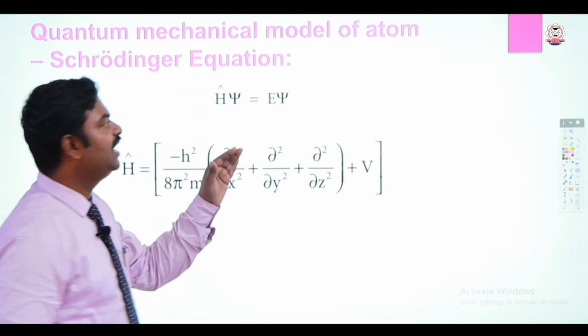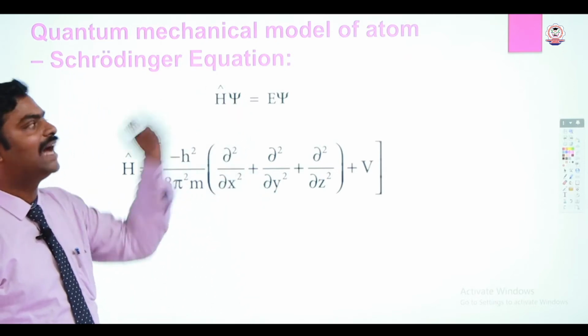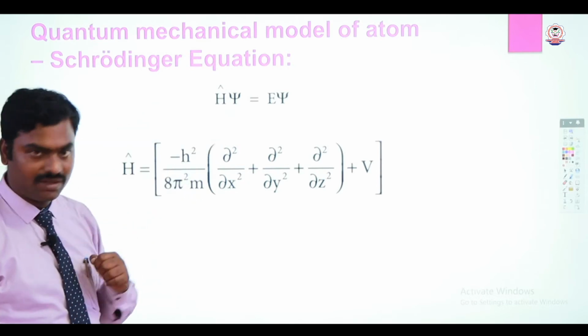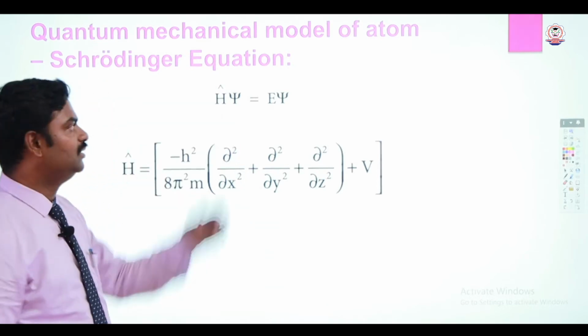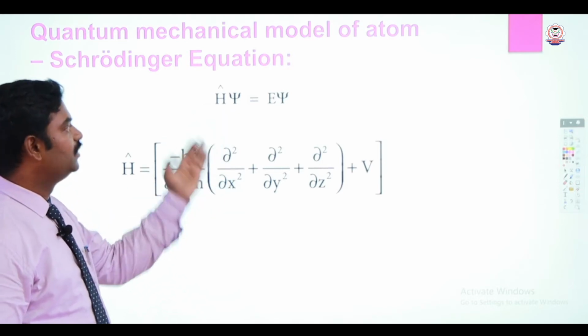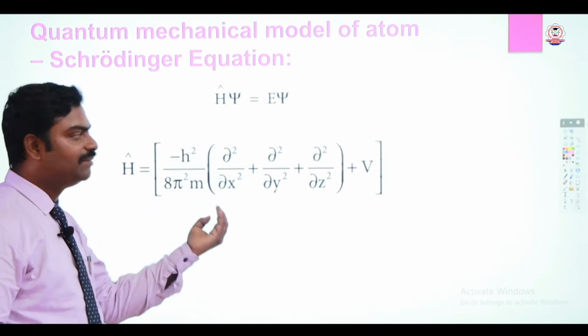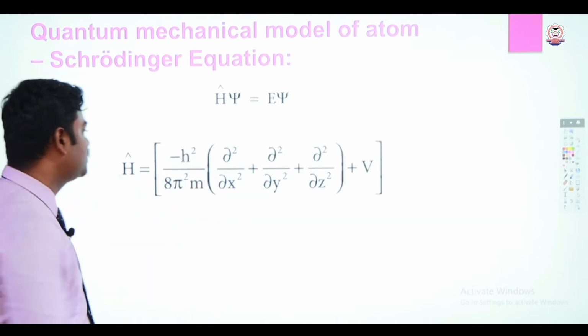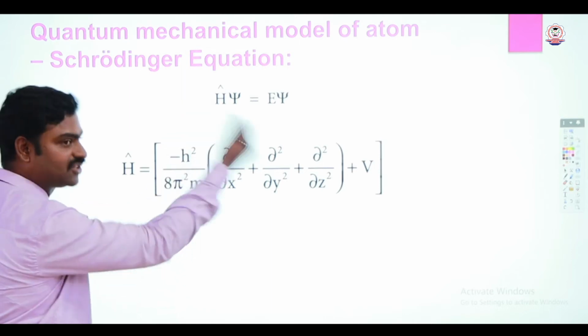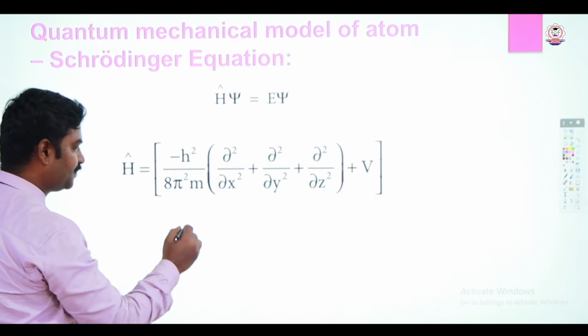So now, see, H cap is the operator. Now substitute the operator in the equation. Instead of H cap, we substitute this expression, and the psi will be multiplied with it. What happens?